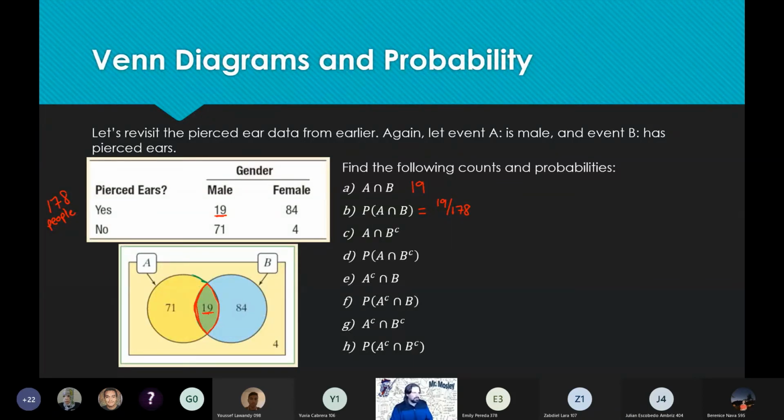So that leaves us with most of this thing here. But we have to cut out the intersection.